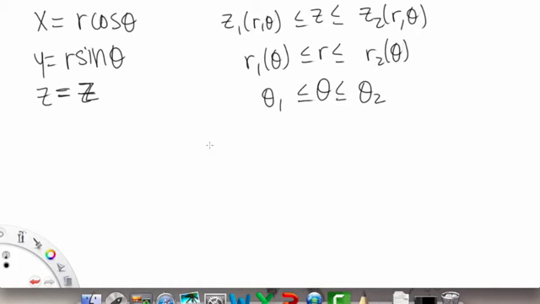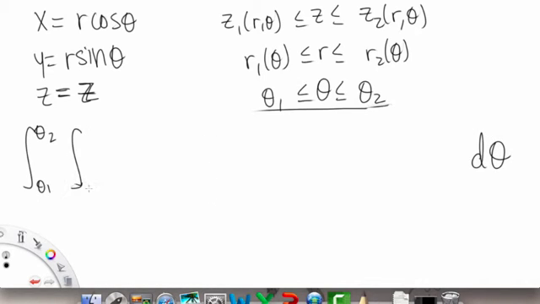All right, so we're going to set it up kind of like we're doing polar coordinates, but then add in the z at the very last minute. So let's start from the outside. We're going to have our theta on the outside, because it's the simplest, because it has constant bounds. So I'll write all the way over here, okay? And then we have our r, from r1 of theta to r2 of theta.